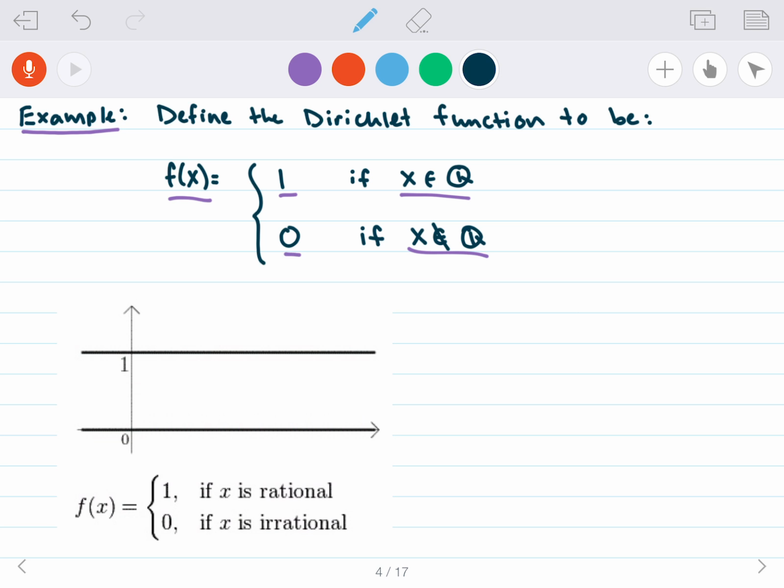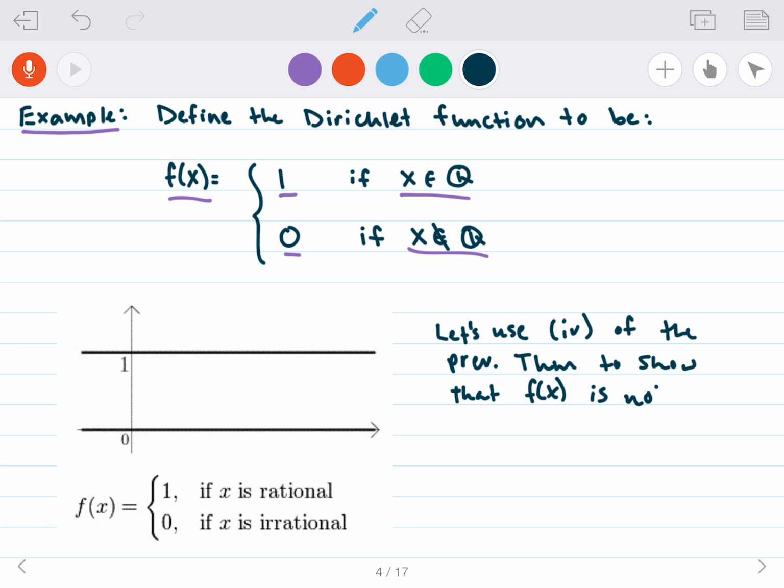Okay. So, all right. So let's use part 4 of the previous theorem to show that our Dirichlet function f of x is not continuous at c equals 4. All right, so how are we going to do it? Let's come up with 2 sequences which converge to 4.